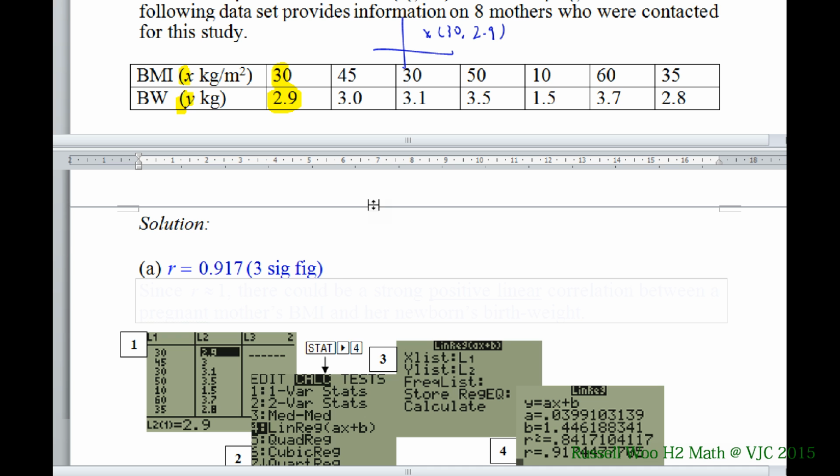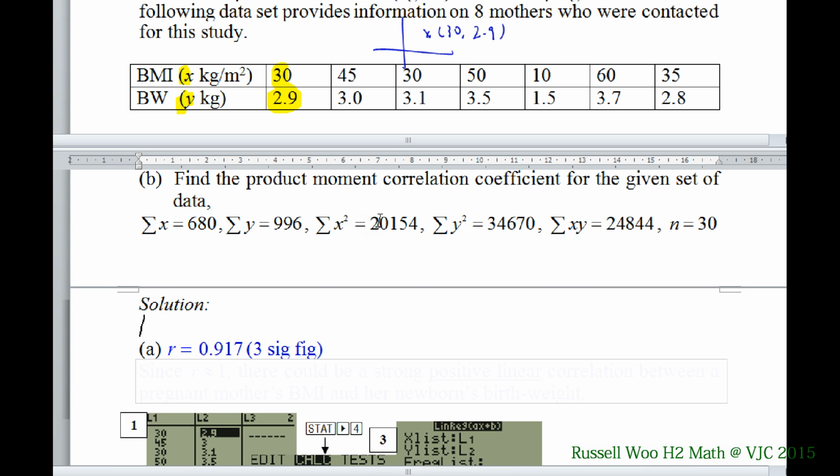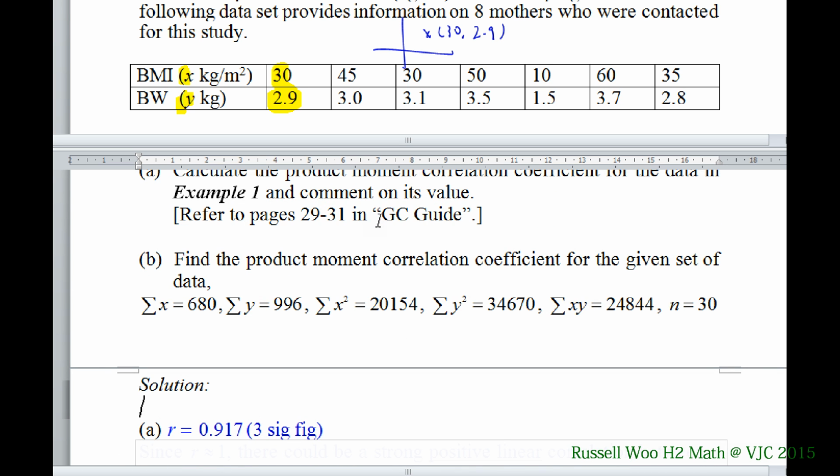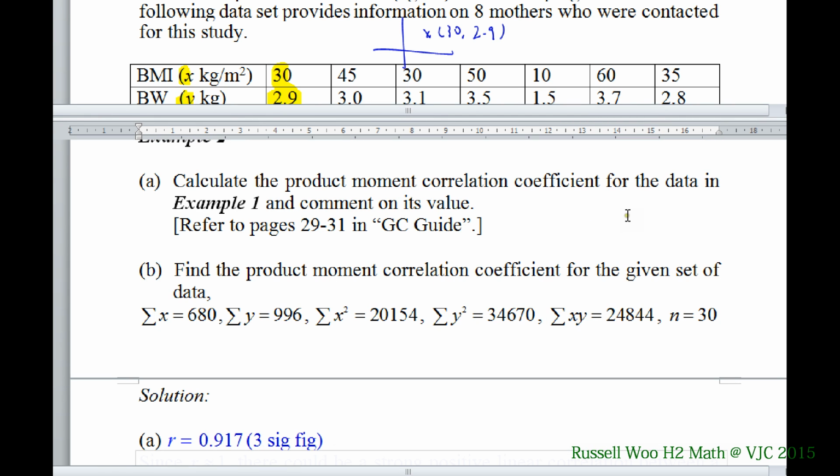The question needs us to comment on its value. You see, 0.917 is close to 1. We should comment that there could be a strong linear positive correlation. There are a few important words, okay?